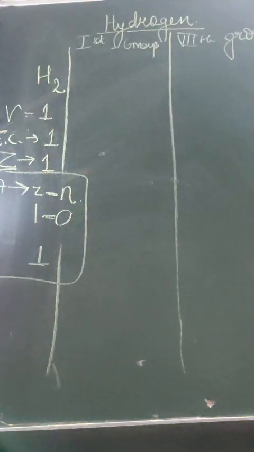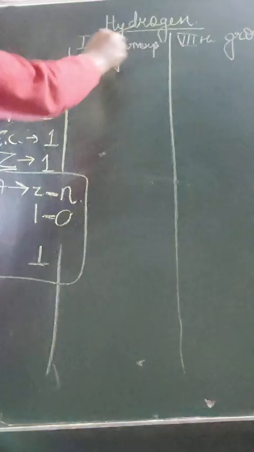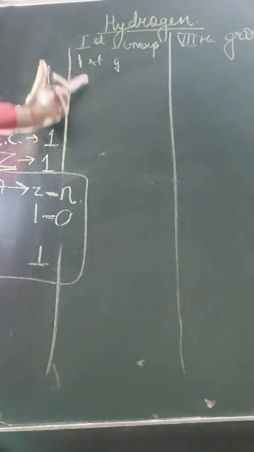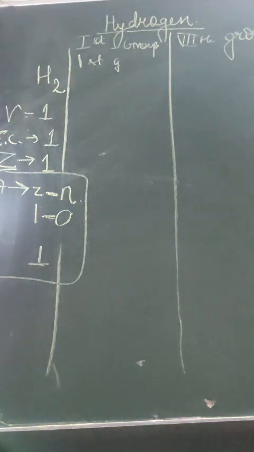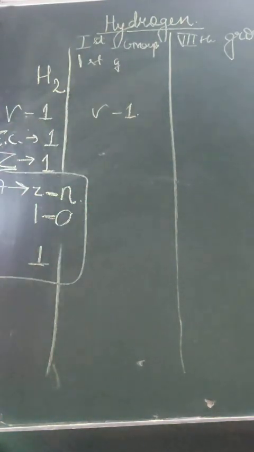First, we know that the first group elements are present in the first group, and this hydrogen is also present in the first group. Second, all these first group elements have valency 1, and hydrogen also has valency 1.